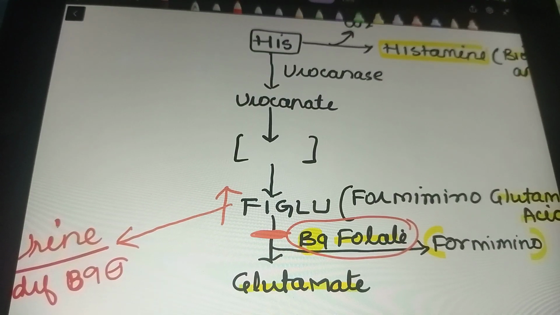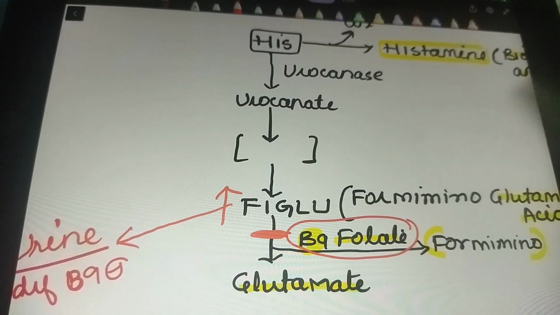So if B9 or B12 is deficient, the patient will have homocystinuria. The patient will have excess homocysteine and methionine will be less. Homocysteine increasing and methionine decreasing is what we call a non-classical form of homocystinuria. That's an important part where the deficiency is mainly B9 or B12.